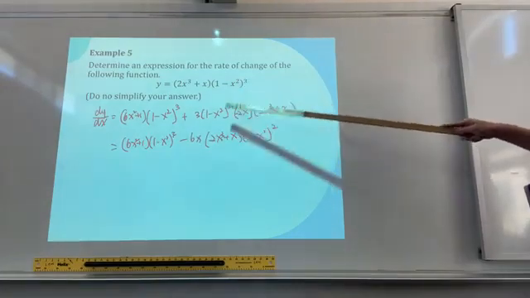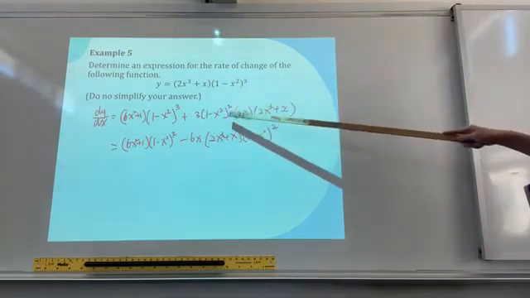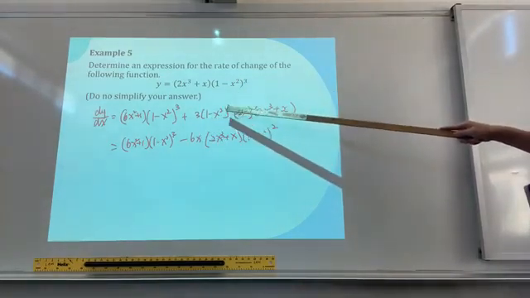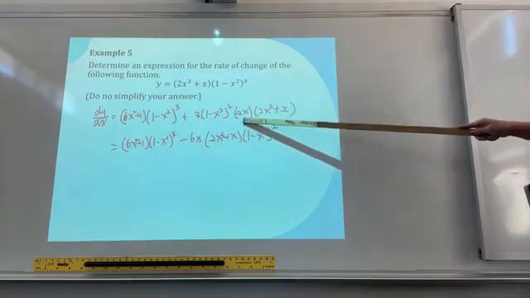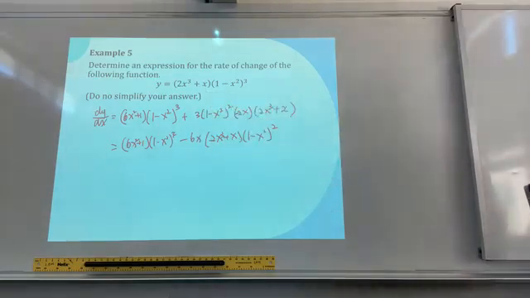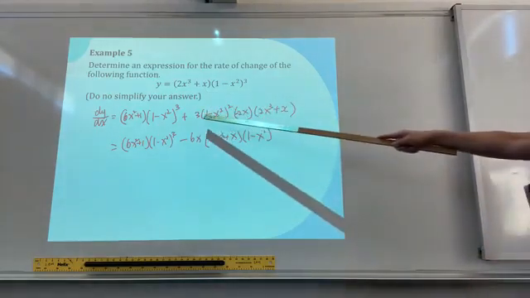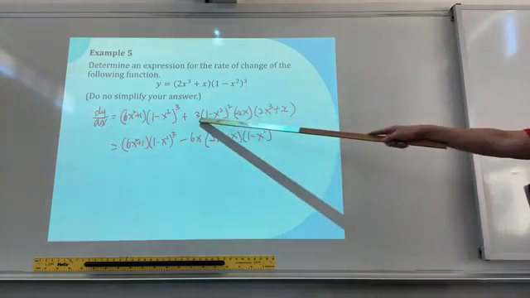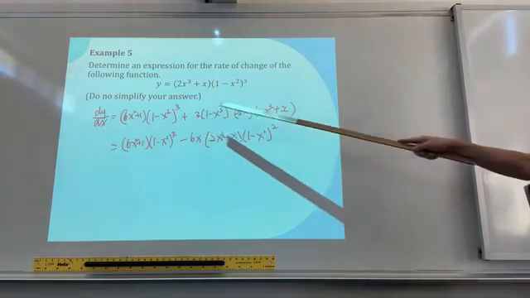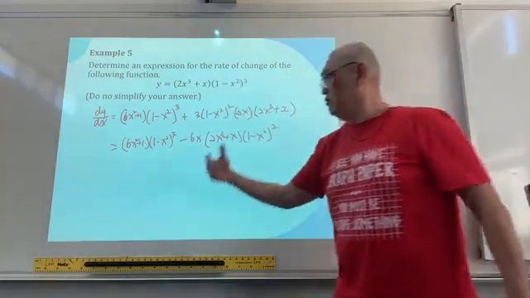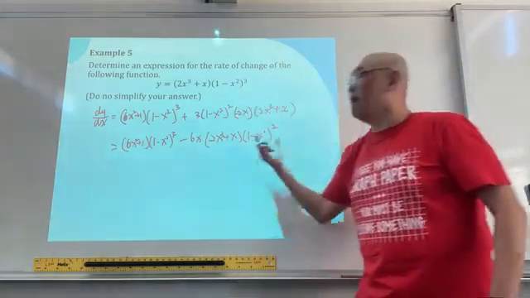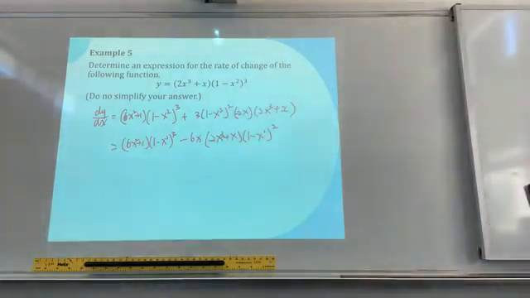Differentiating this, 3y minus x squared to the power of 2, and then 3 minus 1 is 2. And then differentiate what's inside, which is minus 2x, multiply by that. Alright? So you need to be able to combine those two. 3 times minus 2x makes it 6x. Do not simplify. Don't worry about expanding it.